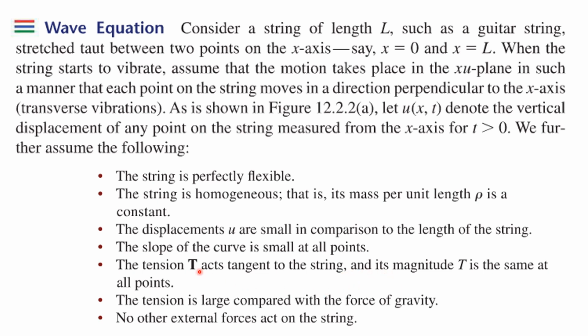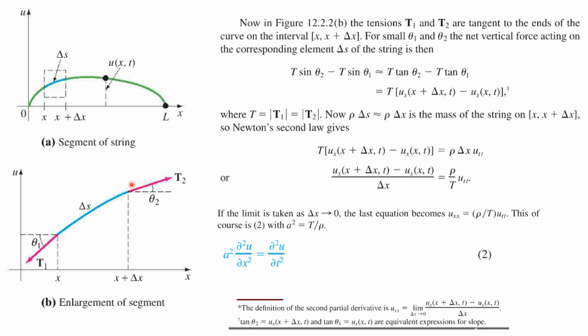This is a vector T, and so tension is a force. The tension is large compared with the force of gravity, so we're going to be basically ignoring the force of gravity, and no other external forces act on the string. Here's the picture that we were talking about.